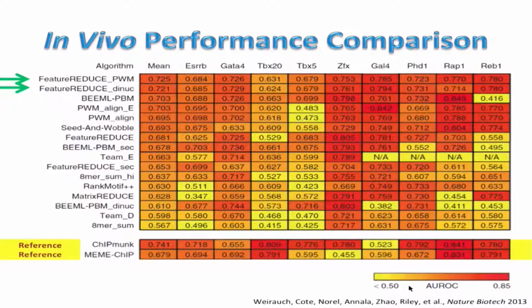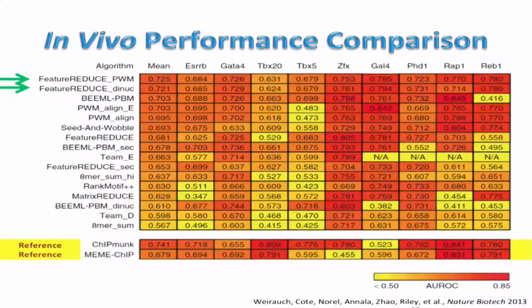Again, we were happy to see that we came in first. And one of the things that's interesting is that in this study, we do not see a significant difference in the mean UROC score between the independence model and our dinucleotide dependencies model.